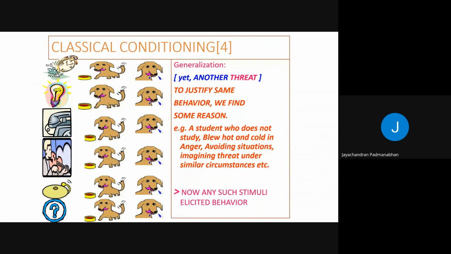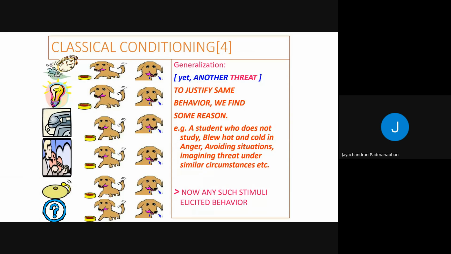Then another threat in changing the behavior. The first threat is spontaneous recovery of a learned behavior. The second threat is generalization, because all this behavior development you will have to study at a glance in your MPC2. This is the base of it. Please try to understand. Generalization is a condition where people try to find some reason to justify their behavior.